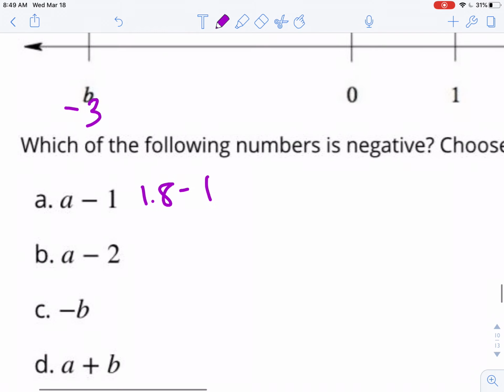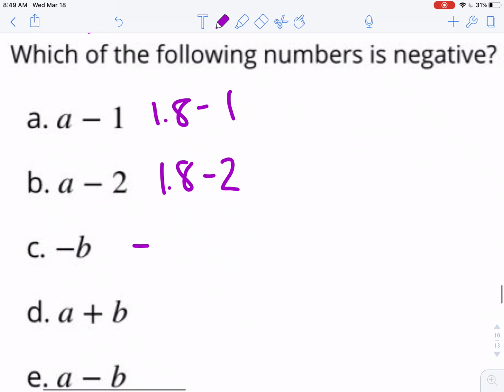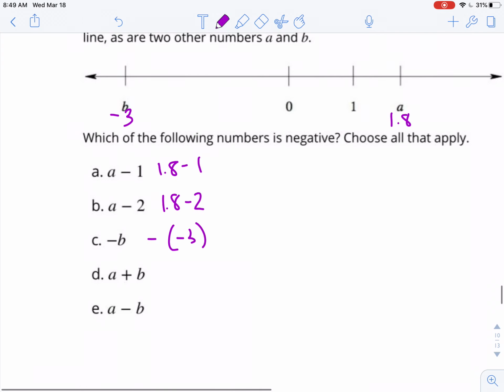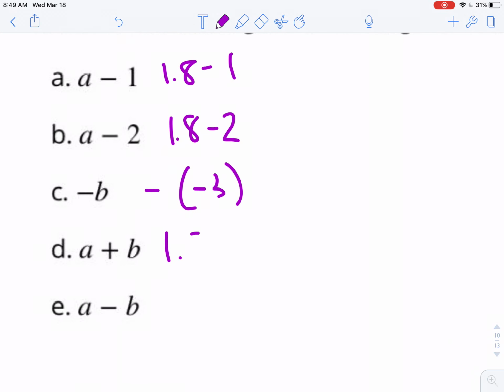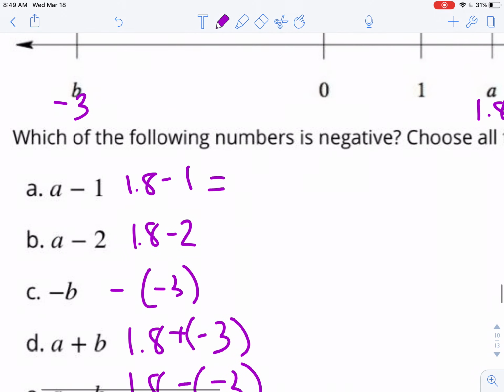A minus 2 is 1.8 minus 2. Negative b is negative negative 3. A plus b is 1.8 plus negative 3. And then a minus b is 1.8 minus negative 3. Let's start solving. That becomes negative 0.2.